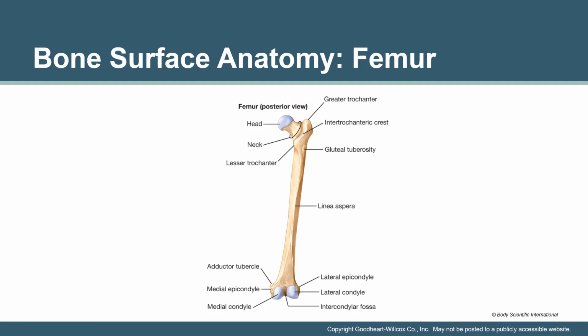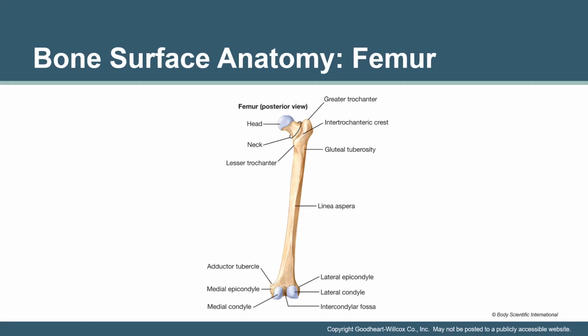So we're looking here at the posterior view of a femur. This would make this particular femur the right femur. And we'll know that by looking at the head of the femur, which is actually the ball of a ball and socket joint that it articulates into the pelvis with.